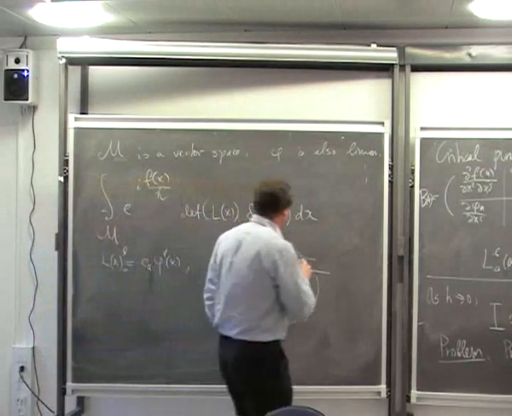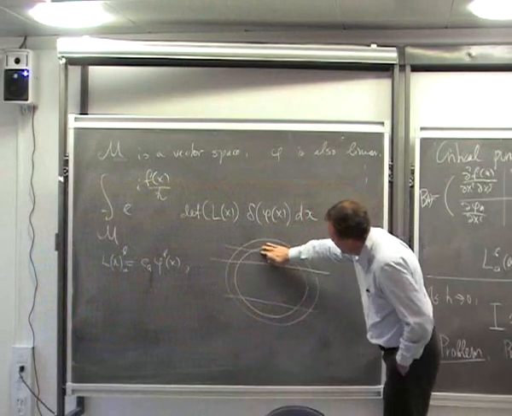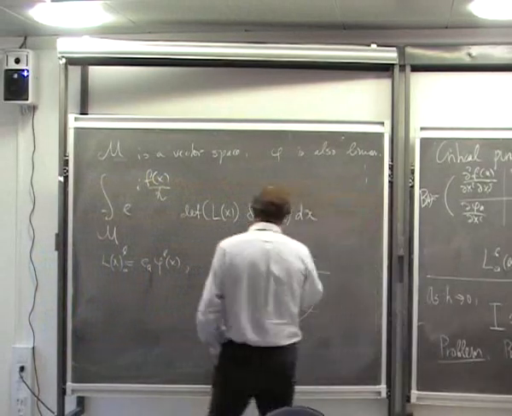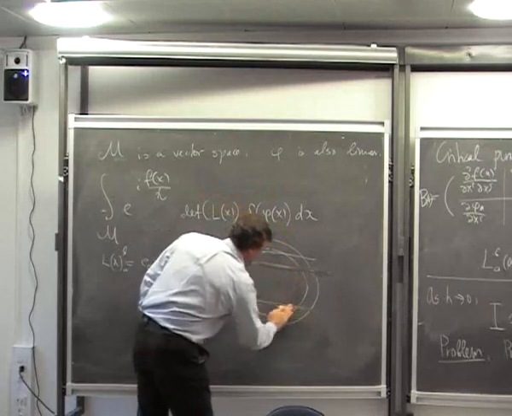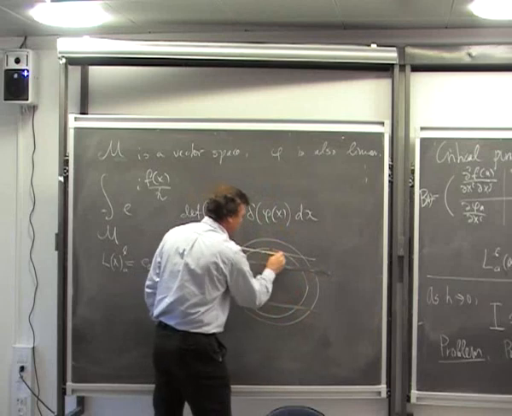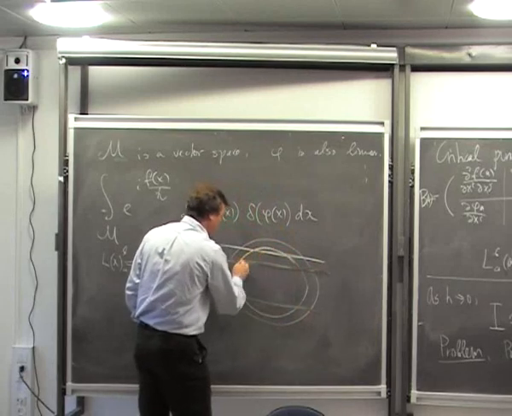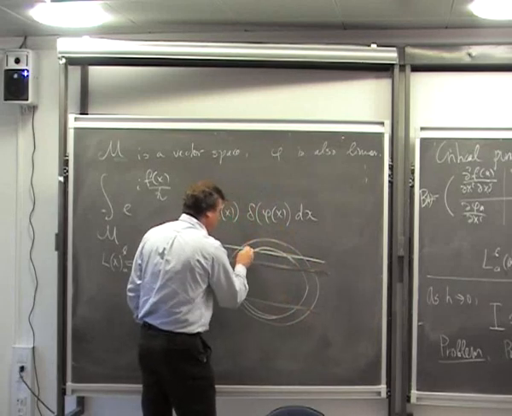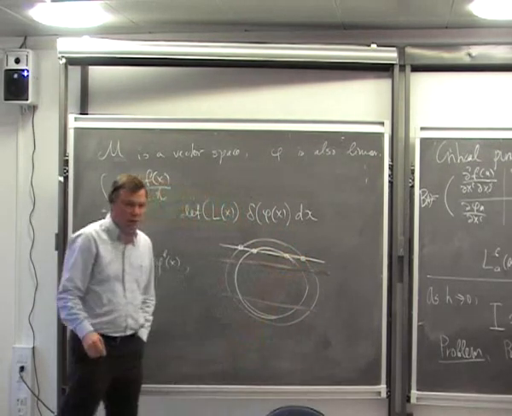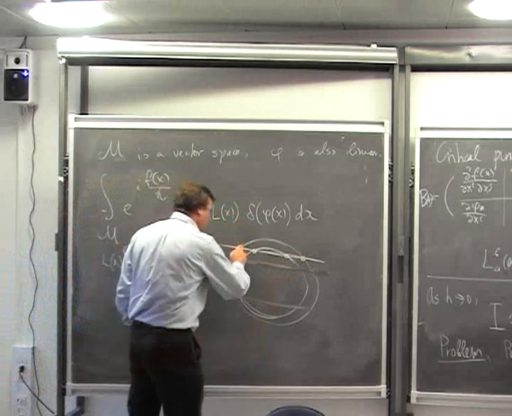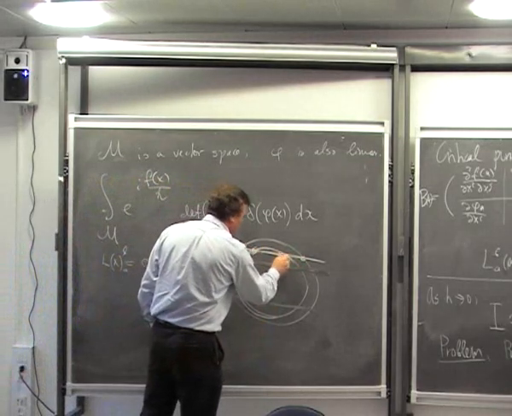But we still can. So we want to choose a linear constraint and say if we have a finite collection of orbits, then what we really care about is that they intersect transversely in the vicinity of these points.